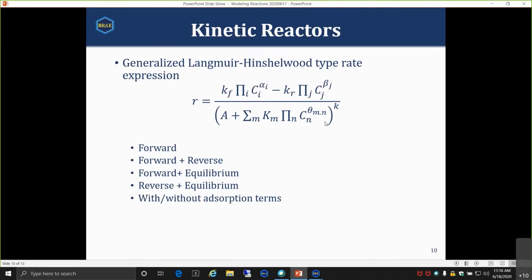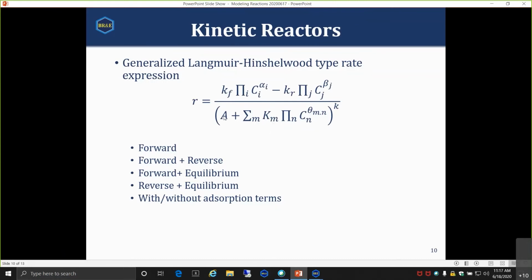You can also have an absorption term or terms, depending on whether this is going to be on a heterogeneous catalyst and whether those absorption terms come into play or not. And so you have the absorption coefficient, you have the component or components involved in that absorption and their orders.